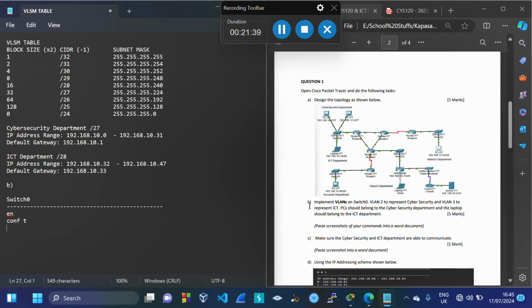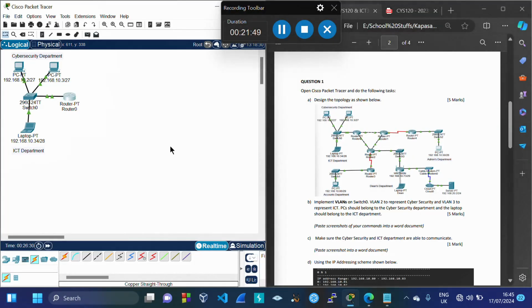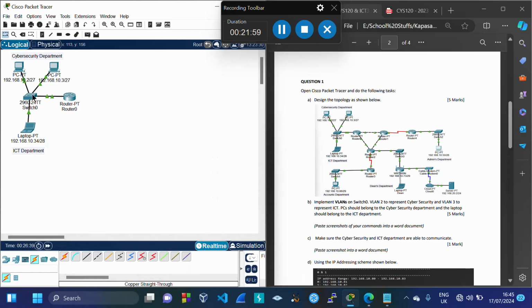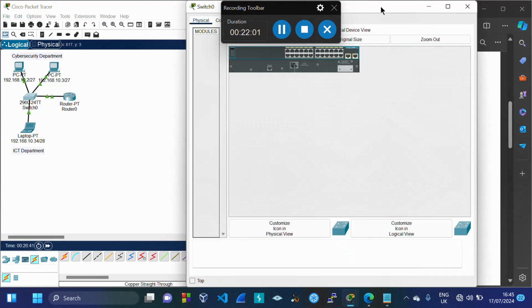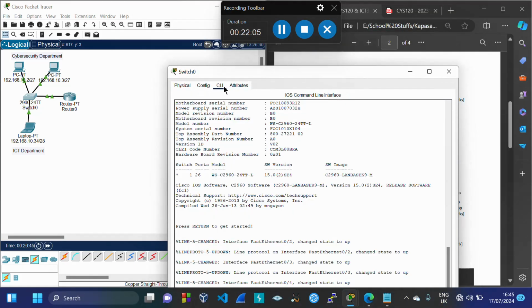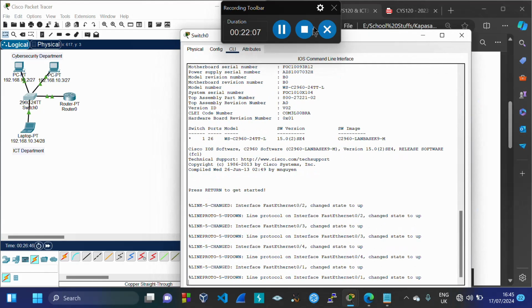When configuring a VLAN, we need to understand that VLAN 1 is the default. If I put a cursor on this switch, we can see that VLAN 1 is the default. Each and every port under VLAN 1 belongs to the default.